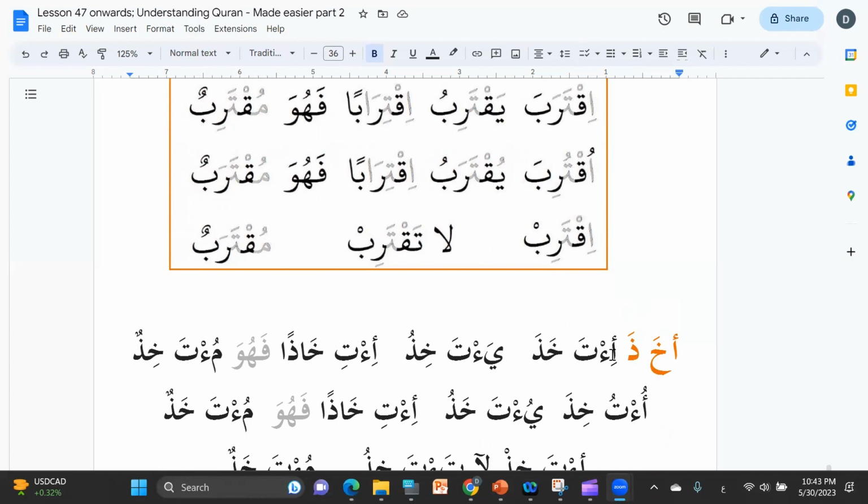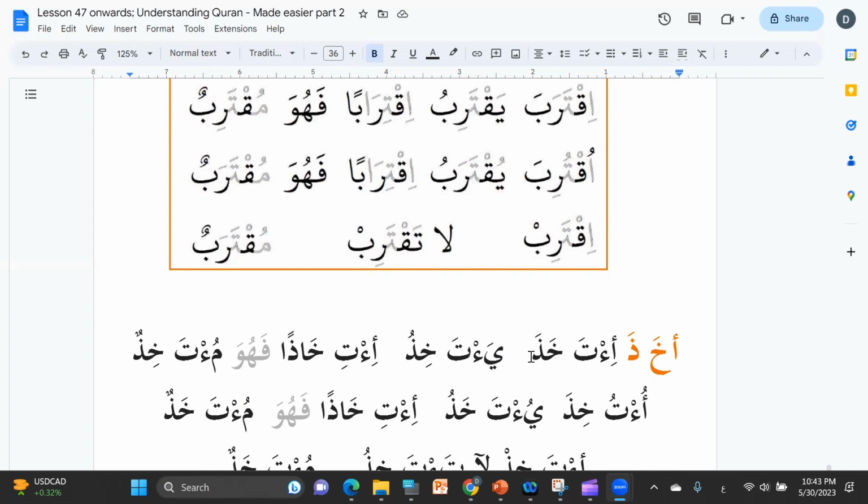From the family, this alif. And then ifta'ala: fa kalma is hamza, ta is from the family, and the ain kalma, and the lam kalma. So it comes to iqtakhaza.